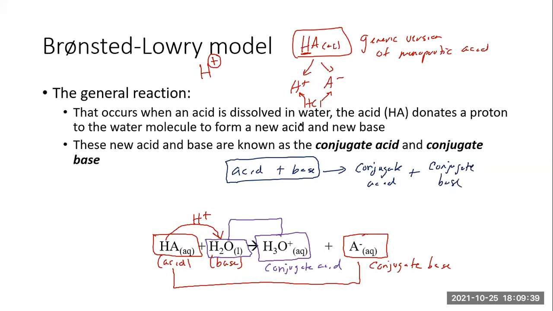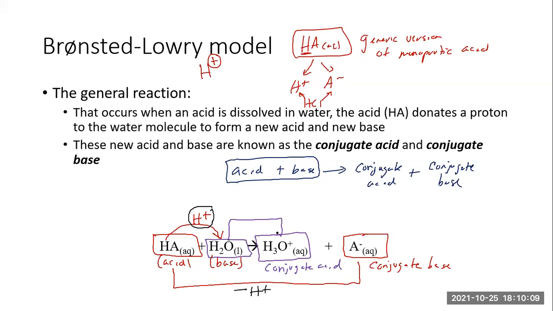And the relationship between each of these guys is a really important one to understand. It is that relationship right there, only a difference of 1 H plus. So for example, if we look at the guy on the bottom there, between HA and A minus, between the acid and its conjugate base, the difference is 1 less H plus.